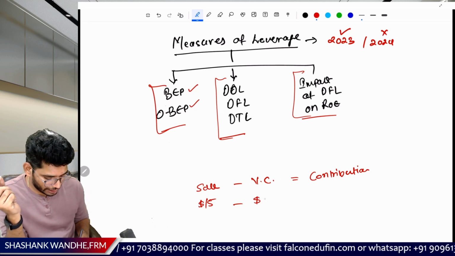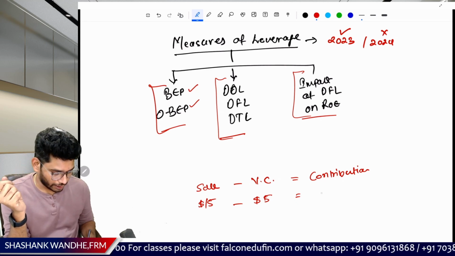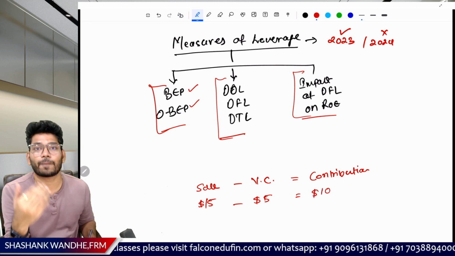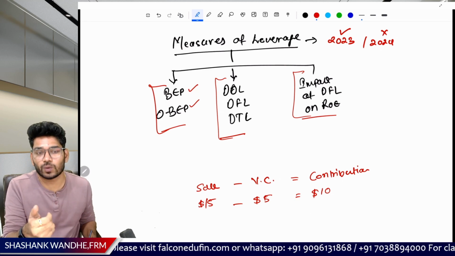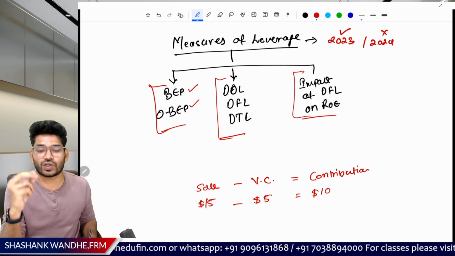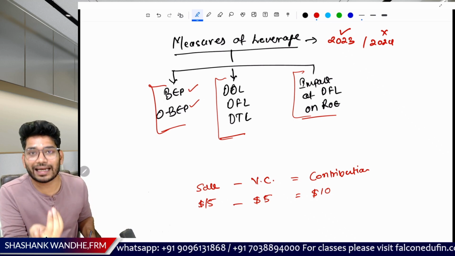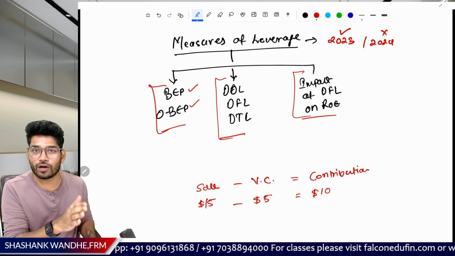All included, it costs you $5. You have $10 surplus after spending this variable cost. This means for every extra unit sold, you are able to generate $10 extra, and that's the contribution.